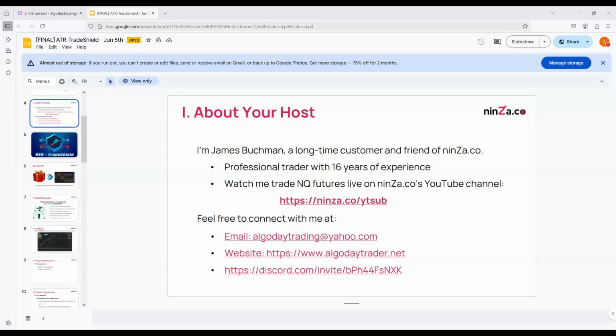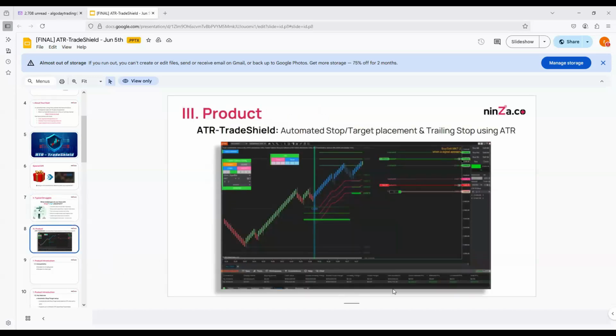So to solve this problem, Ninza created this indicator called ATR Threshold. What it does is it automatically moves stops and targets as soon as you enter a trade, depending on your settings.